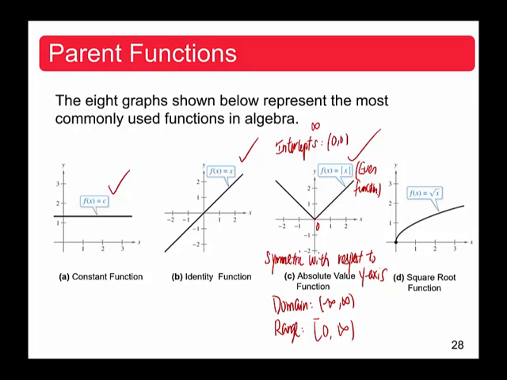We can easily prove that f of negative x here must be the absolute value of negative x. So the absolute value of negative x is the absolute value of x, right? That's a key aspect of the absolute value function. And this is the same thing as f of x. Now we know that it's an even function. Just verify that. And that's pretty much about the absolute value function.